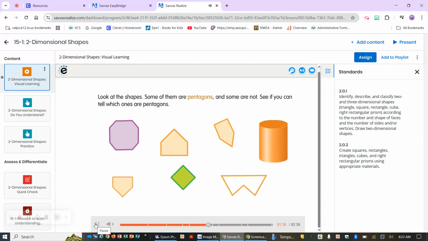Look at the shapes. Some of them are pentagons, and some are not. See if you can tell which ones are pentagons. Okay, pentagons have 5 sides. So we are looking for shapes with 1, 2, 3, 4, 5 sides and 5 corners, or vertices.